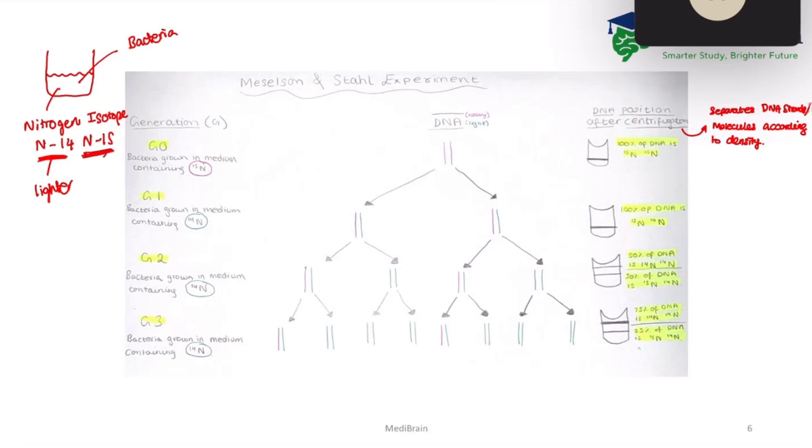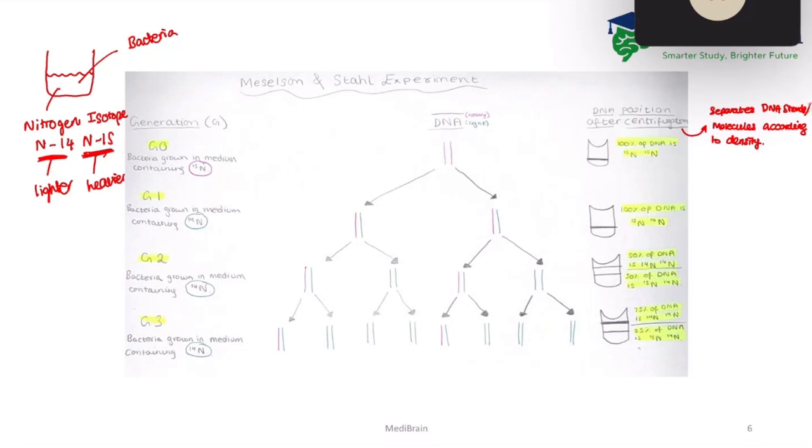And the DNA created from the 15 nitrogen is going to be heavier. We're going to incubate the solution with either the 14 nitrogen isotope or the 15 nitrogen isotope, and the bacteria are going to take in whichever we incubate it with and create DNA. Some of the DNA is going to be lighter because it's created from 14 nitrogen, and some of the DNA will be heavier because it would have been created from the 15 nitrogen.